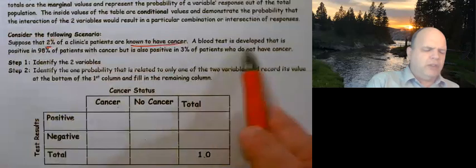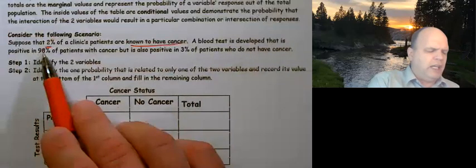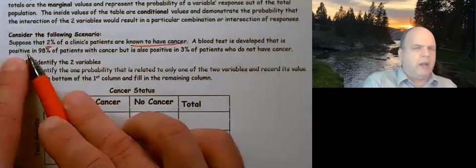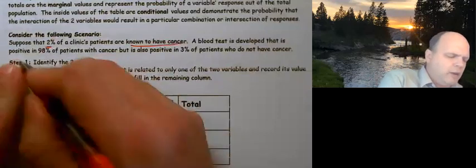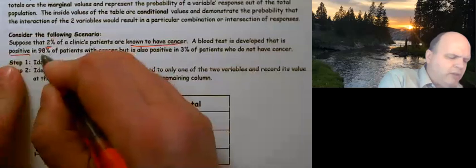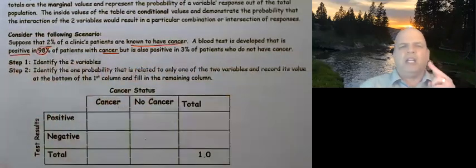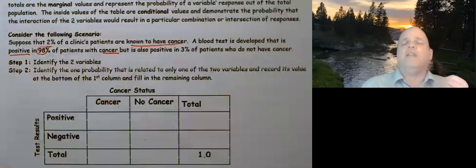A blood test is developed that is positive in 98% of patients with cancer. So we hear this 98. This 98 is tied to positive and is tied to cancer. That's two variables. I need to identify the number with only one variable.